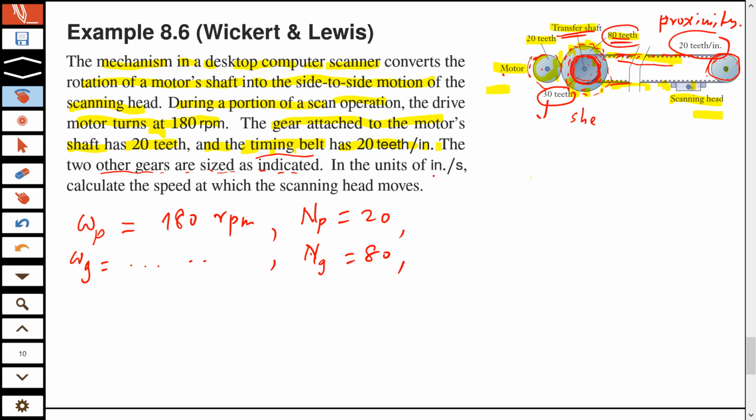In units of inch per second, calculate the speed at which the scanning head moves. Okay, so this is our goal. We need to calculate the speed at which the scanning head moves. So let's call that speed V. V is the speed.